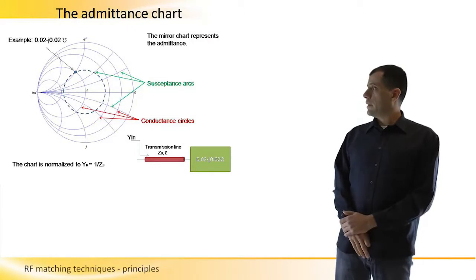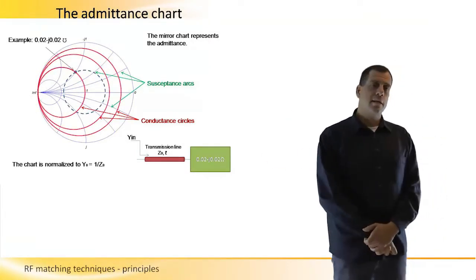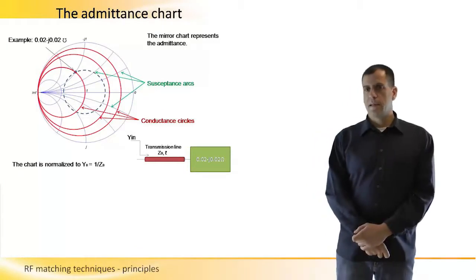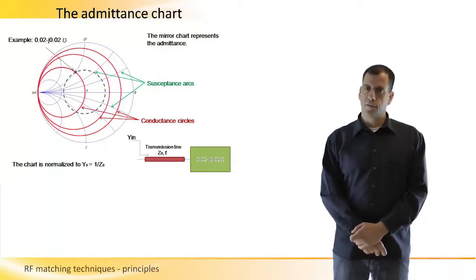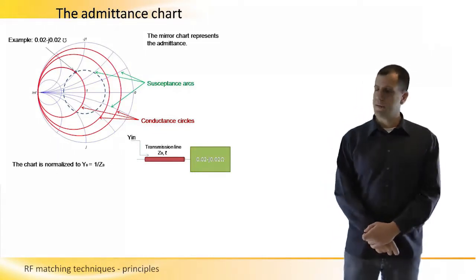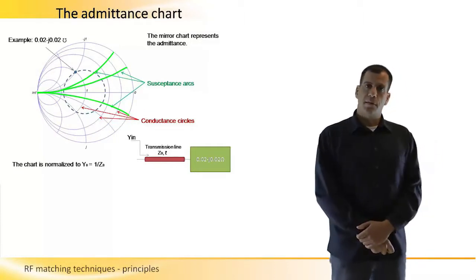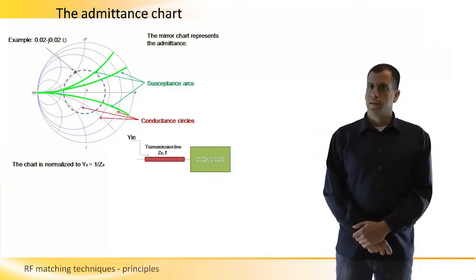If we look at the circles here, in this case the circles represent the conductance instead of the resistance as in the impedance chart. The arcs in this case represent the susceptance, which is the imaginary part of the admittance.